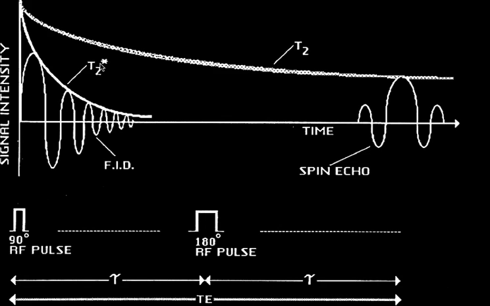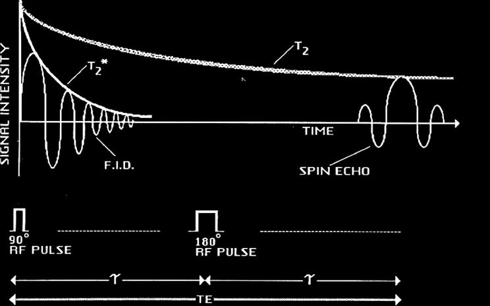Now, the difference between T2 star and T2: there are two components to the dephasing of the spins. All of the dephasing is due to the fact that the nuclei, the protons, are in slightly different magnetic fields. That causes all of the dephasing. If the magnetic field were exactly the same throughout the entire tissue, then once you give a 90-degree pulse, you would have signal forever.